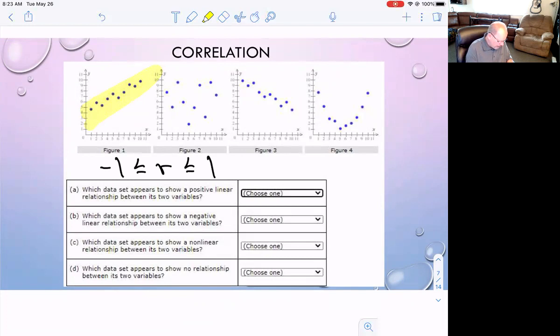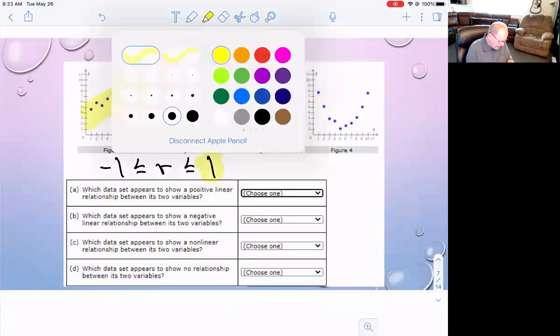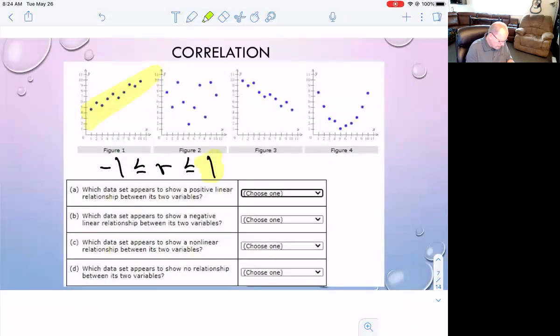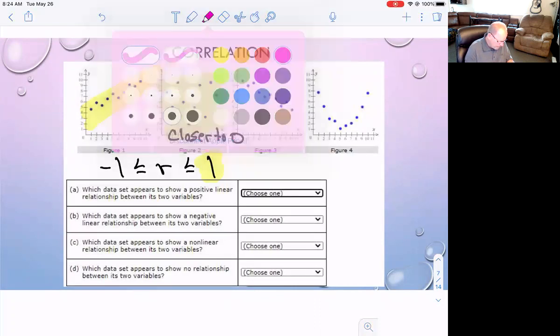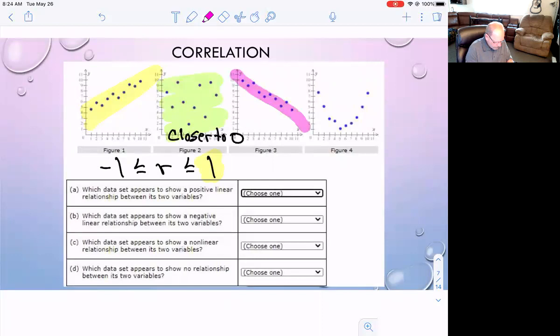The further away we get from being in a straight line, the closer to 0 that we get, okay? Closer to 0. The closer we get on a negative correlation to a straight line, the closer to -1 that we get.